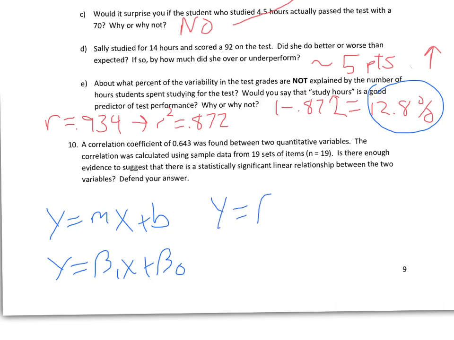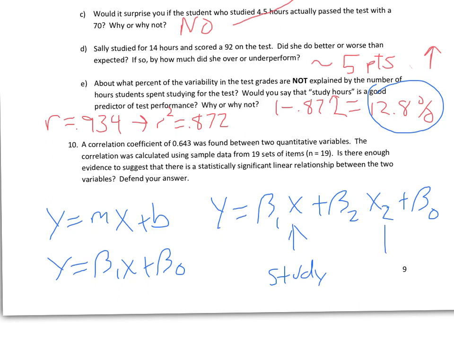So it's not just beta 1, but you also have beta 2. Okay? So this could be hours studied, okay? And this could be number of hours worked at a job, okay? And you're still trying to predict here your grade.